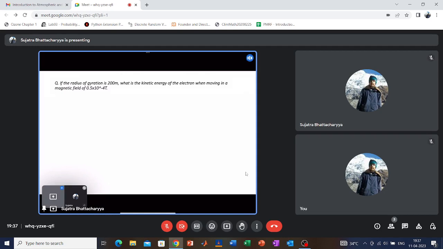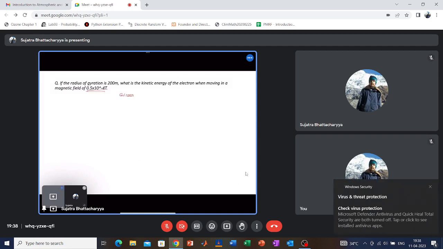If the radius of gyration is 200 meters, what is the kinetic energy of the electron when moving in a magnetic field of 0.5 into 10 to the power minus 4 Tesla? So what is given again? Just write this.